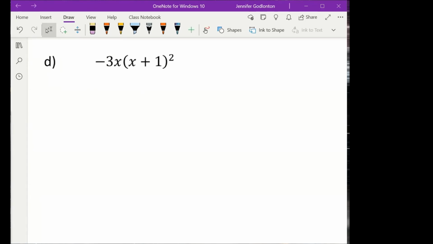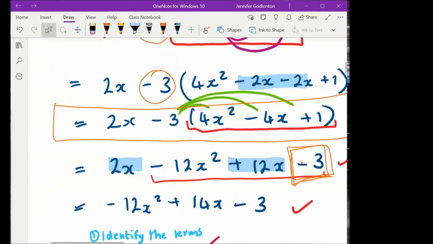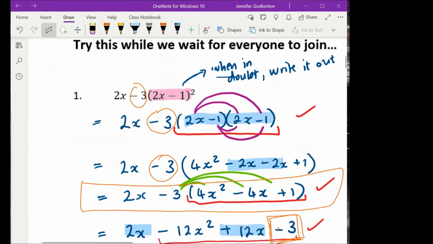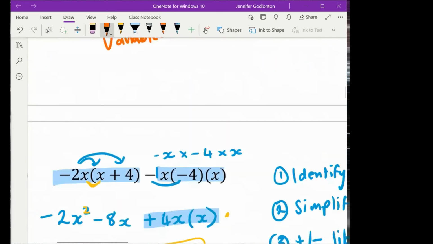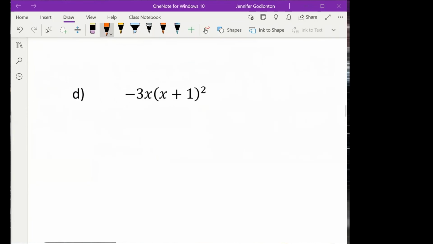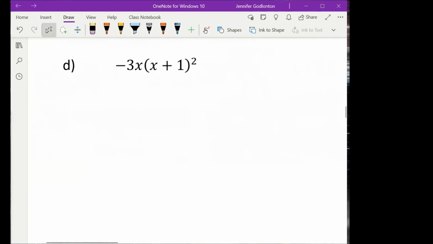I want you to think of the very first question, where this bracket was being squared. Think very carefully about what we did first before we brought in that -3. Keep that in your mind, and give this question a try.